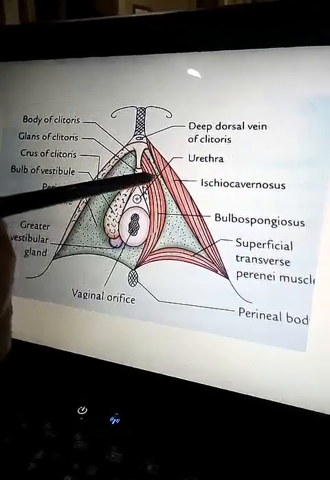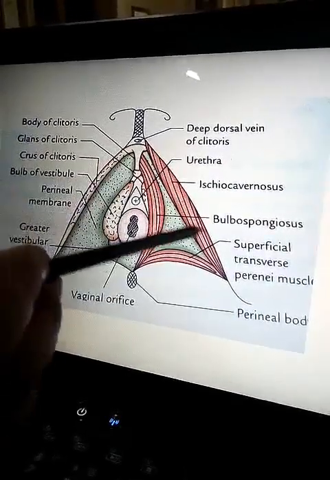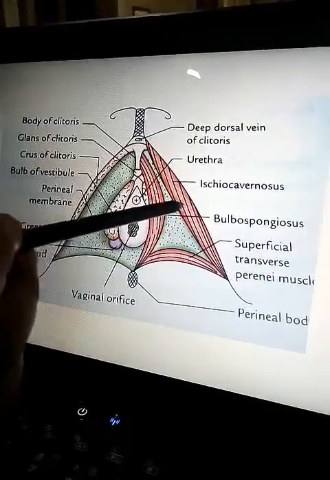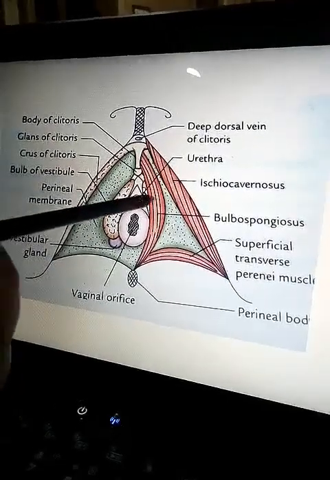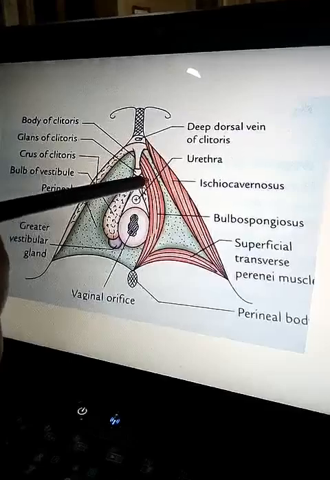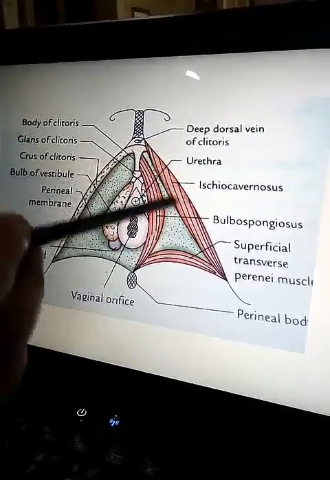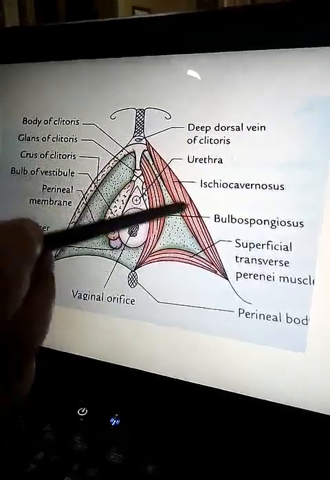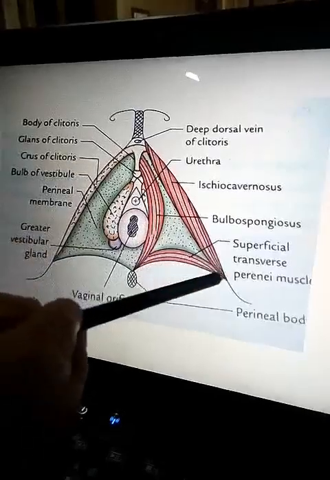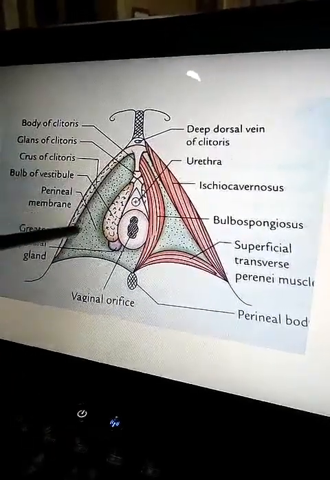The right crus in the diagram is covered by the ischiocavernosus. The crura of the clitoris correspond to the crura of the penis. Each crus is covered by the ischiocavernosus muscle. You can see the right ischiocavernosus muscle. The left ischiocavernosus muscle is removed.